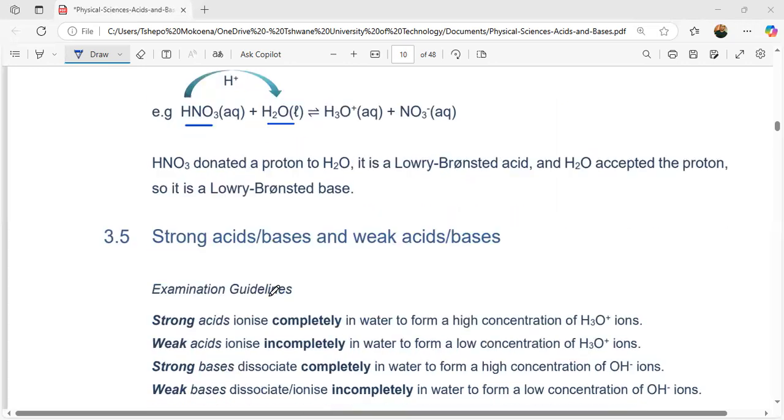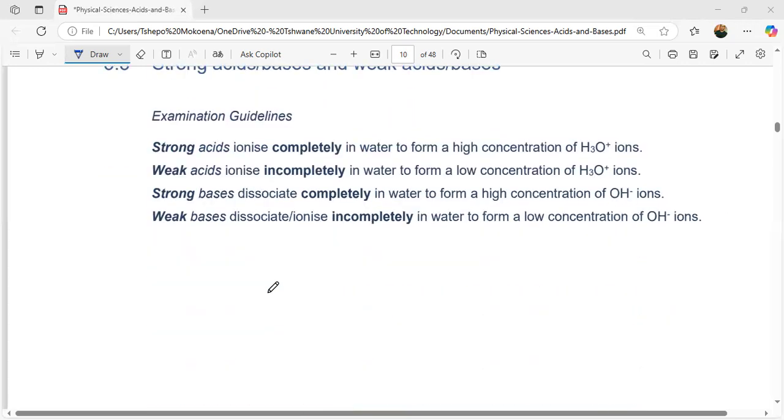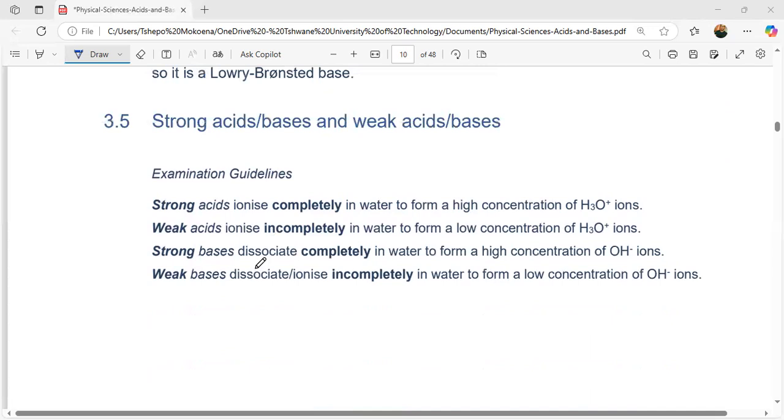Now, for 3.5, we're going to discuss the strengths of acids and bases. Like I said from the guidelines, when we talk about a strong acid, we use the word completely, meaning a strong acid ionizes completely in water to form a high concentration of H3O+ ions, because it is strong.